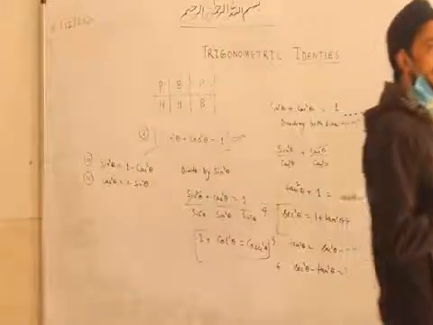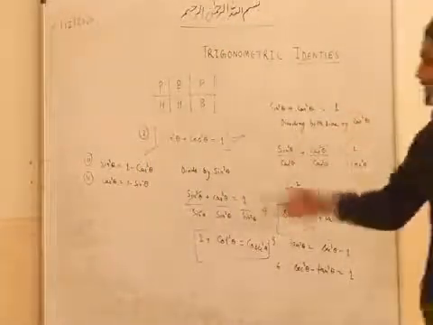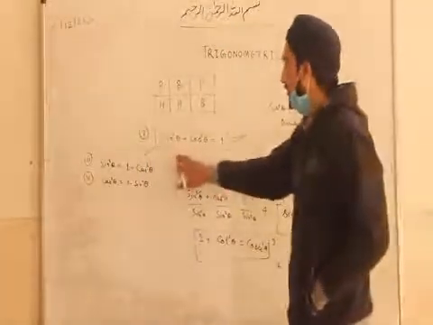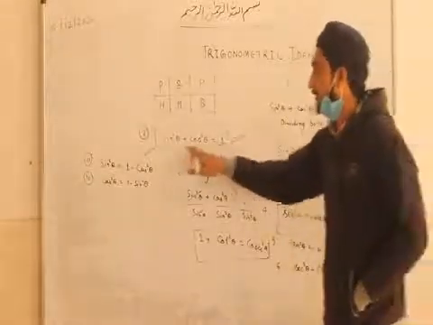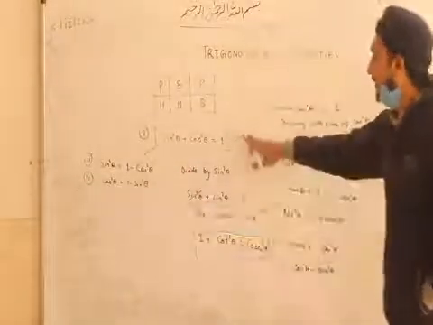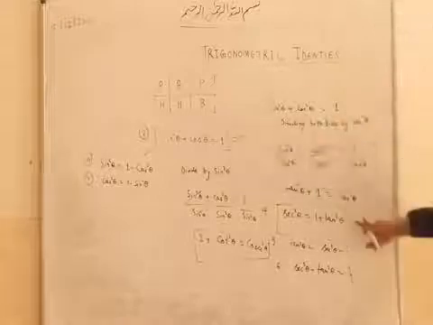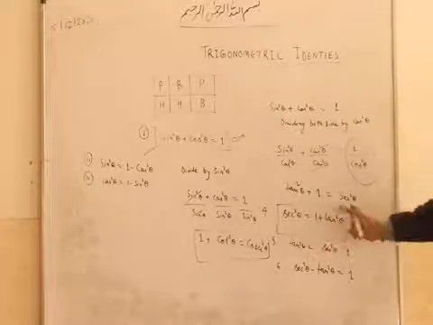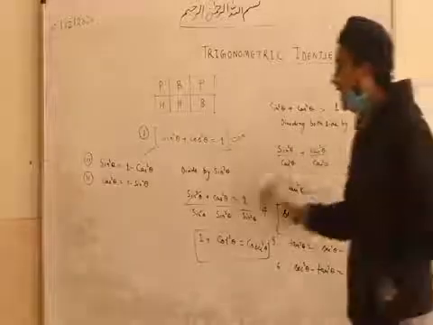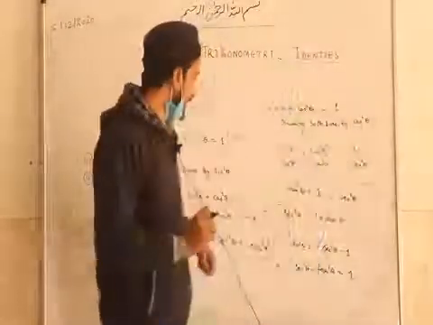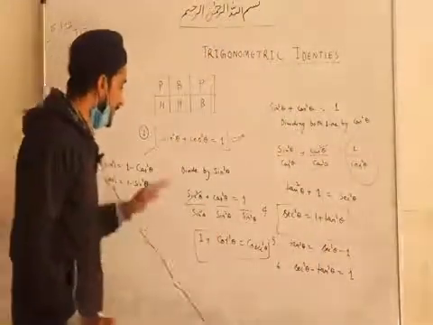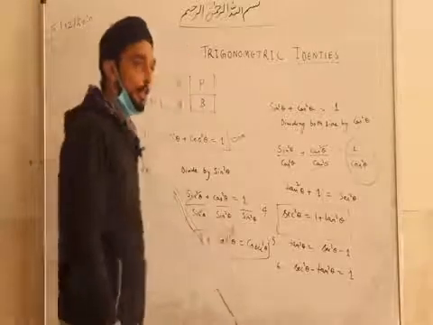Not on the single term, like sin plus cos is 1, no. These are the relations showing the squares. So sin square theta plus cos square theta is 1, from which we have derived these two. When we divide this by cos, we get one more identity, showing the relation between sec and tan. And if we divide this by sin, we get one more identity, showing the relation between cot and cosec.